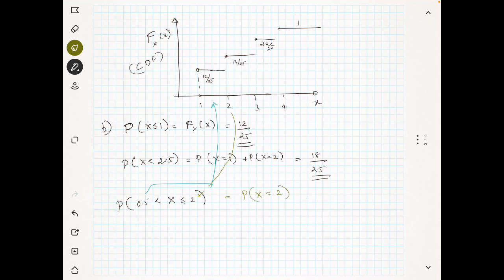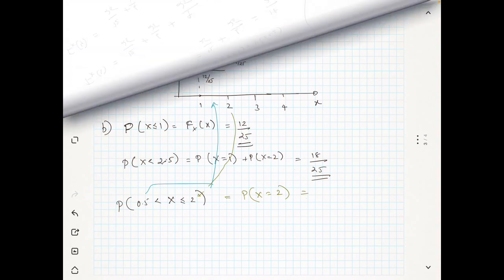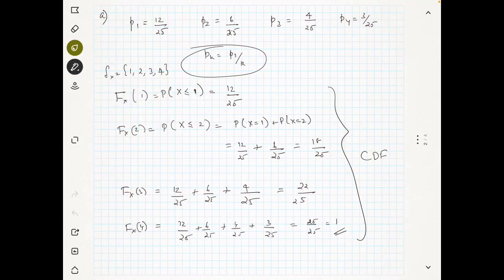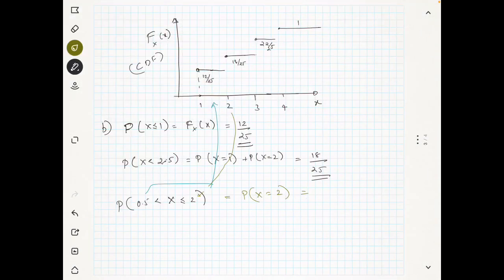You have already got it, it is 6 by 25. Because 1 is not included, you need only the values between 0.5 and 2, and it includes 2, that's why we are considering the probability for 2.